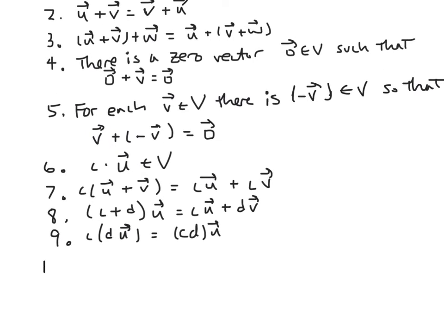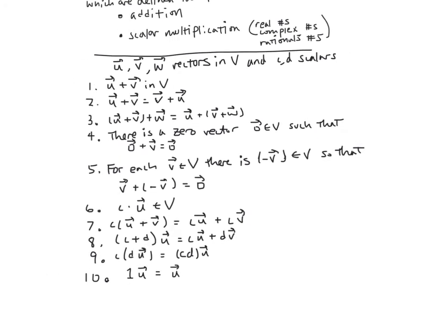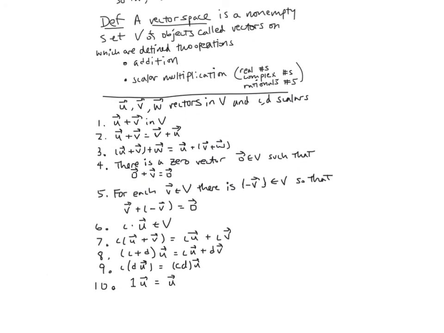And last but not least, if I scale my vector by the number 1, it stays the same. So these are the 10 axioms or properties that all vector spaces must satisfy.